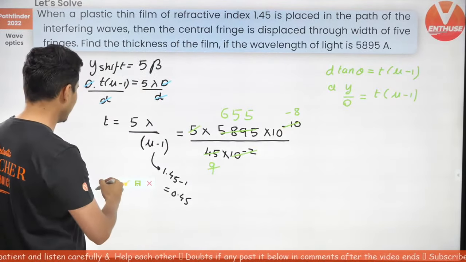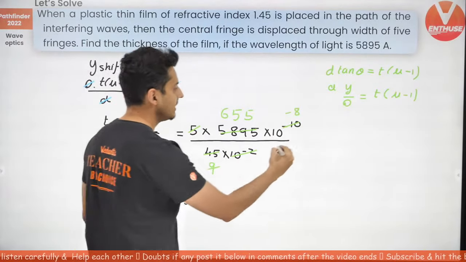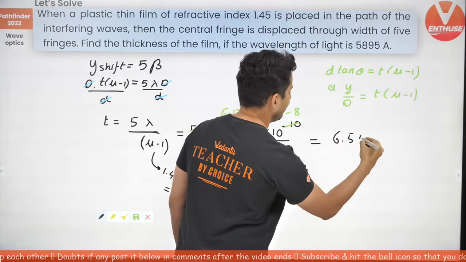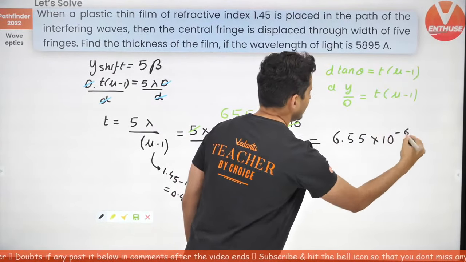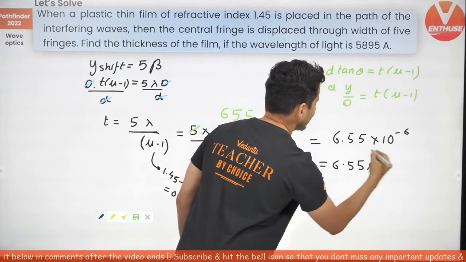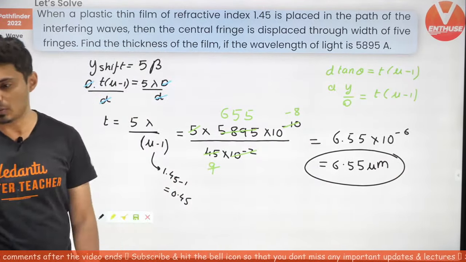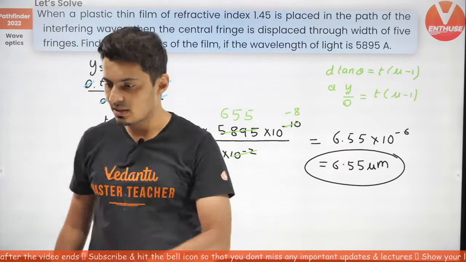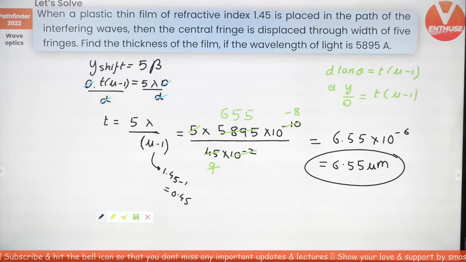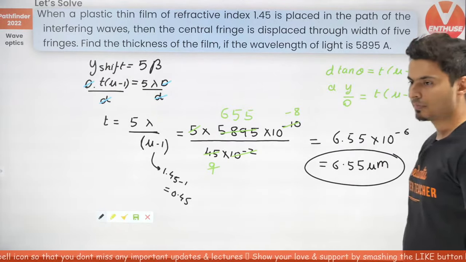So it will become 655 into 10 to the power minus 8, which is 6.55 into 10 to the power minus 6, which is 6.55 micrometers. So this is your final answer. Just check this out. Is it 6.55 micrometers? Got it?